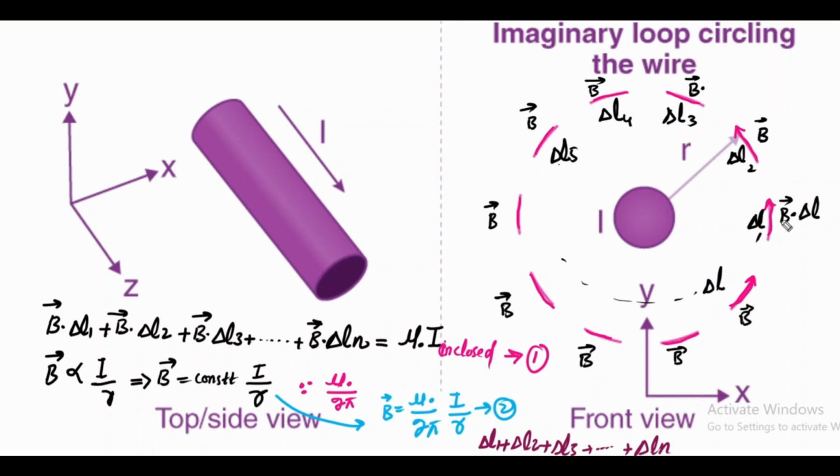If we add all these parts of this Amperian loop, it will give the circumference of this circle, and the circumference of the circle is equal to 2 pi r. This is equation 3.